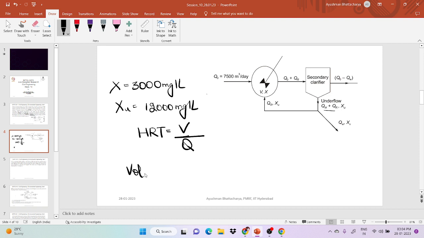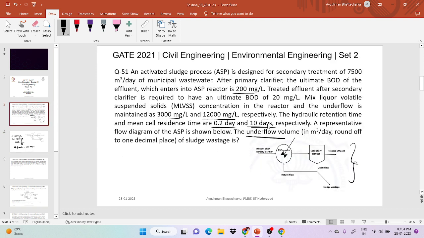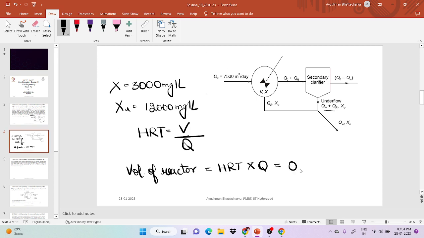So the volume of the reactor is equal to HRT into Q. The hydraulic retention time in the question is 0.2 days. So 0.2 into Q. The Q value they have given is 7,500 meter cube per day.